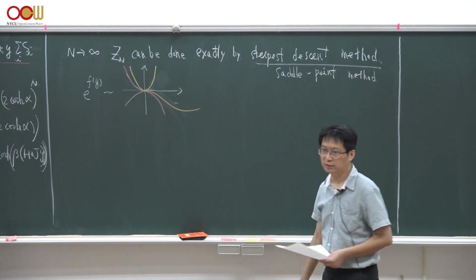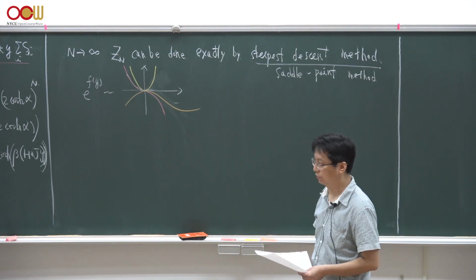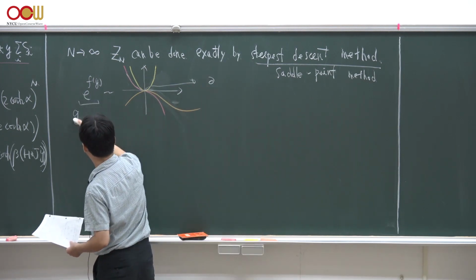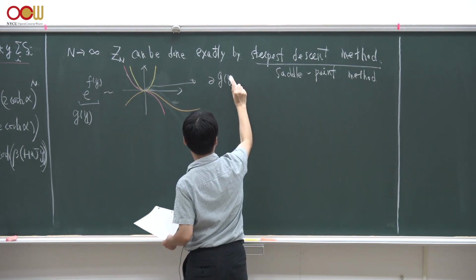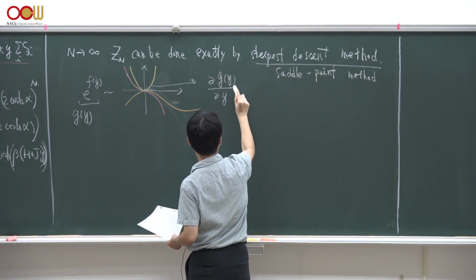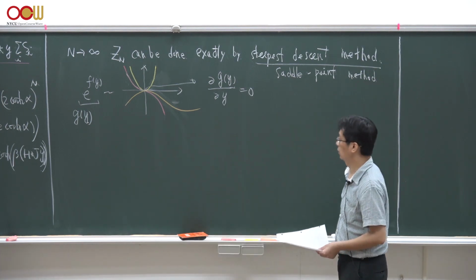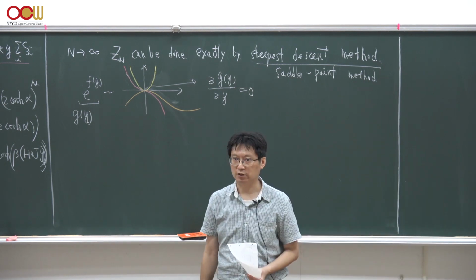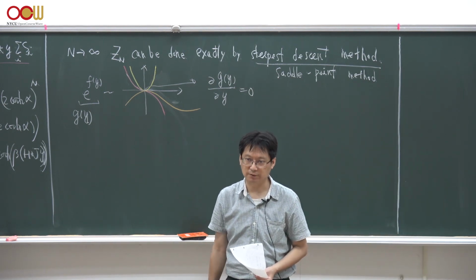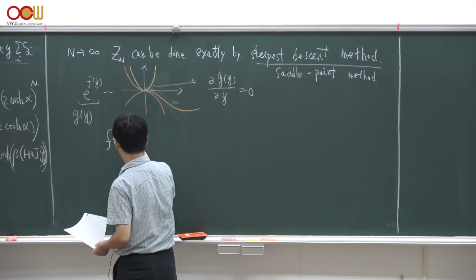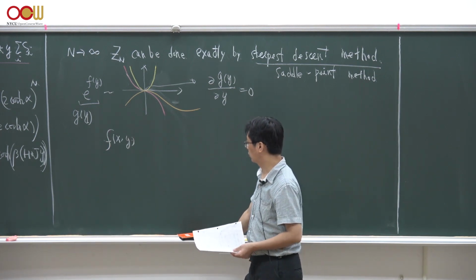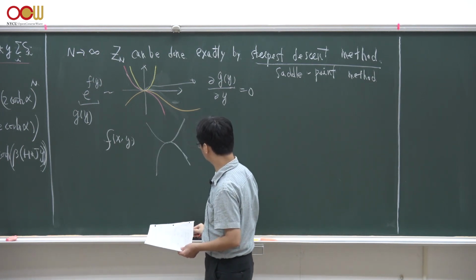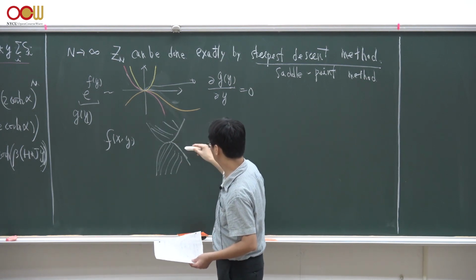So a saddle point is the point where the functional form has a zero of the first derivative. If I call this g as a function of y, then partial g over partial y is actually 0. So it could be a minimum, a maximum, or a saddle point. In terms of a multidimensional function, imagine that we have a function f of x and y, which in a certain direction is a maximum, but along another direction is a minimum.